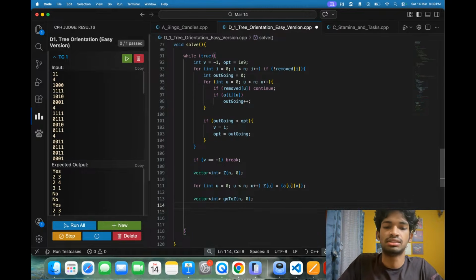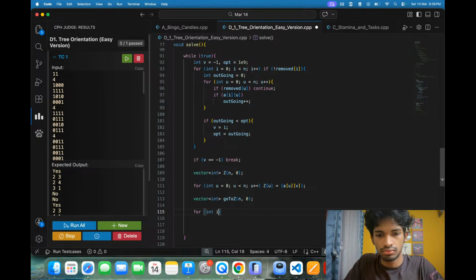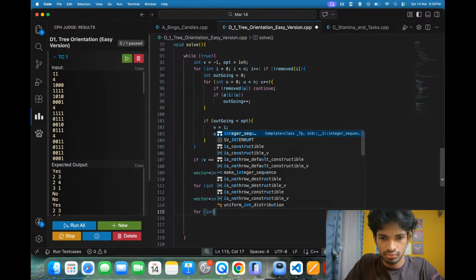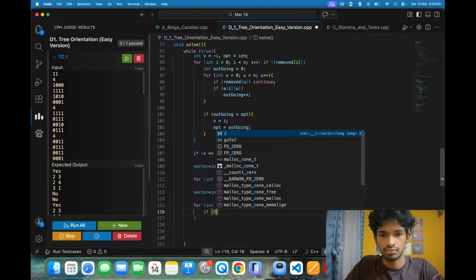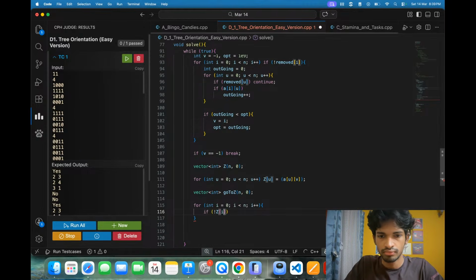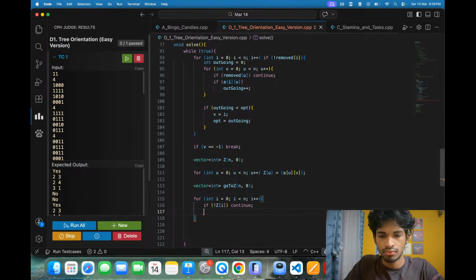How many things will something go to? If it's not in the set, just skip it.